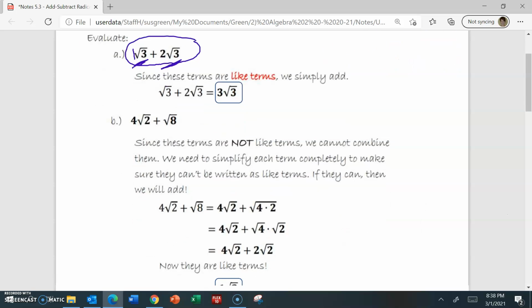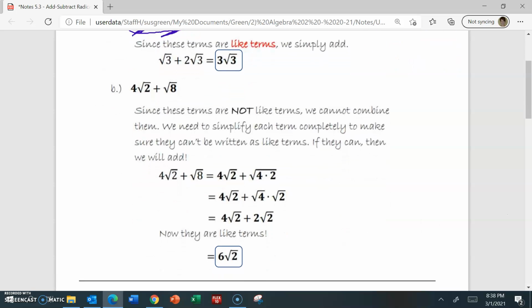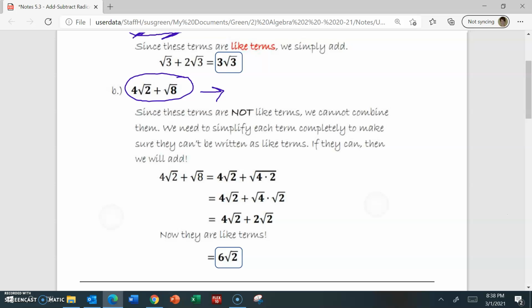Okay? Now, in part B, just because the radicals don't look like they are like, you cannot add them up. But you can't just say, oh, I'm done with part B, because what if one of them is not simplified? Now, I did the work down here, but I'm going to kind of do it live with you, and then you can always follow along.